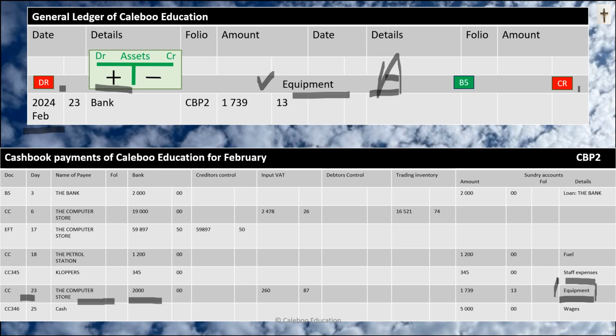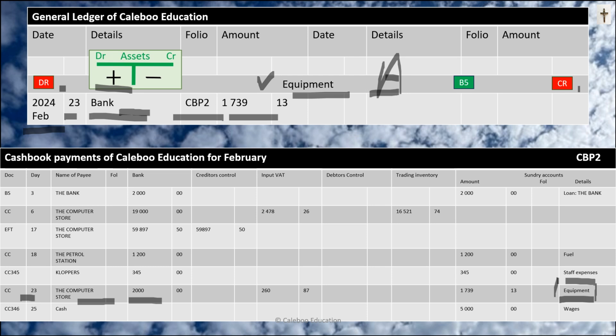The date, the day the transaction took place, because this came from the Cashbook payments, the contra account to all the accounts in the Cashbook payments is bank. Under details you will have bank. Where was this information taken from? The Cashbook payments. And what was the amount? Remember, we are recording all these amounts here in these ledger accounts at VAT exclusive amounts, the VAT exclusive cost.